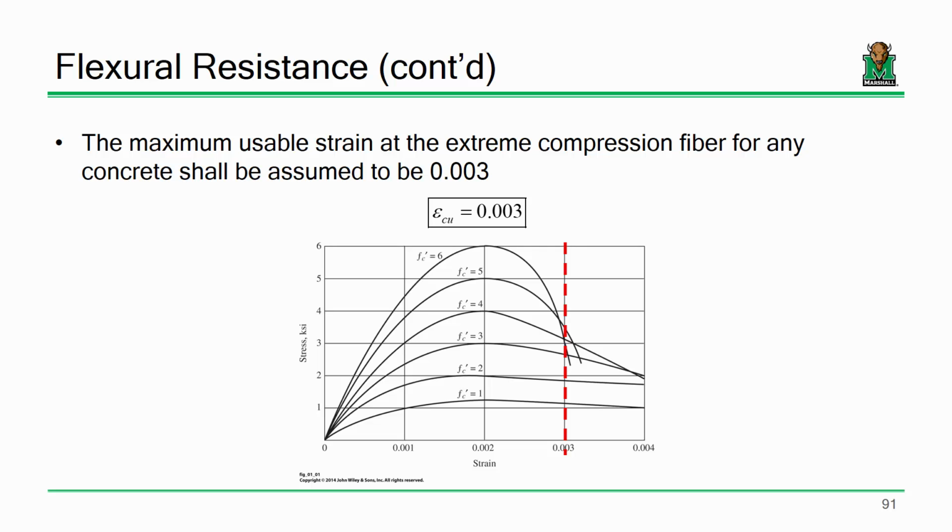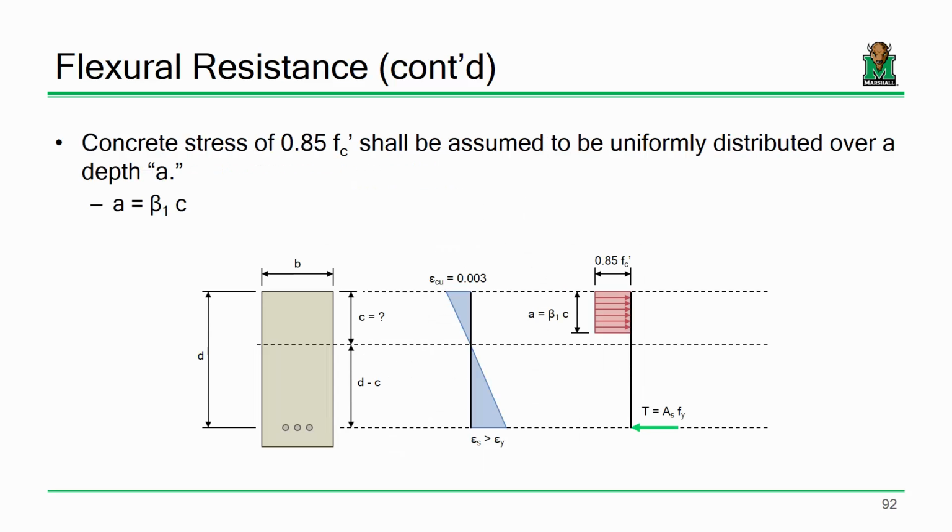So one of the things that we're going to do is automatically assume that the maximum strain in our concrete is 0.003. Here I've got a reinforced concrete beam. Over here on the right, I've got the stress profile, and this should be familiar. Our stress block is 0.85 f'c in width, and it's a tall.